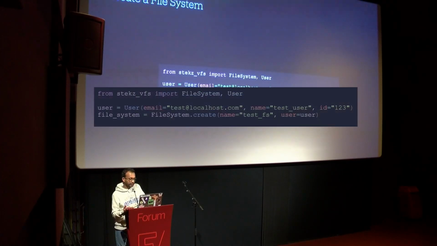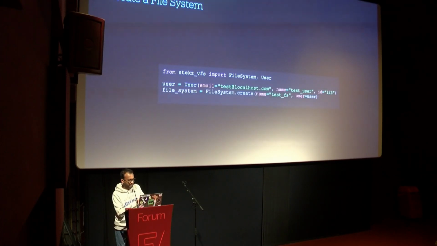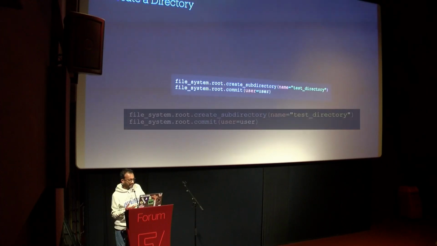When you want to create a repository, we call it a file system in StekzVFS. You invoke this create function, and you will get a file system object. When you want to create a directory, you can access the root of the file system and call this create subdirectory function.